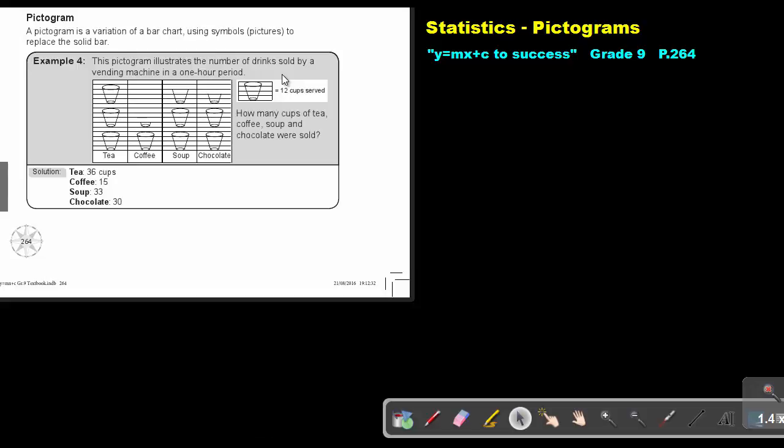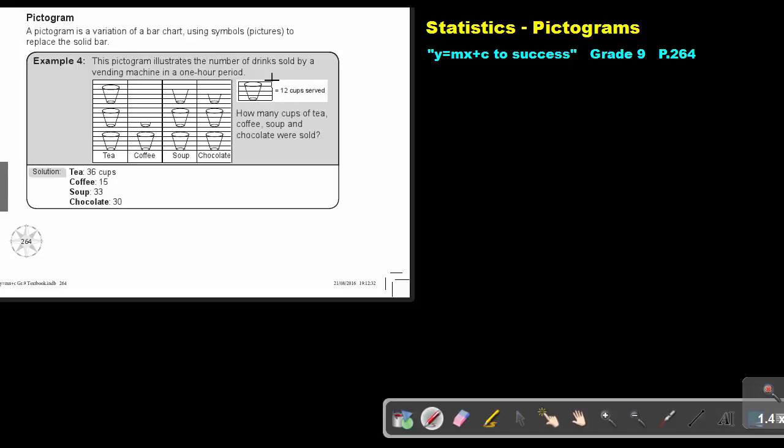The pictogram illustrates the number of drinks sold by a vending machine in a 1 hour period. Usually a pictogram will have a scale, so you must first focus on the scale. They will say this one picture represents 12 cups. If it's drawn in 4 lines, I must take 12 and divide it by 4.